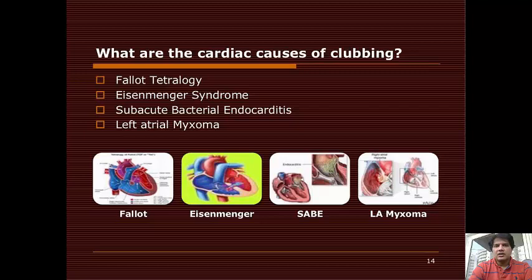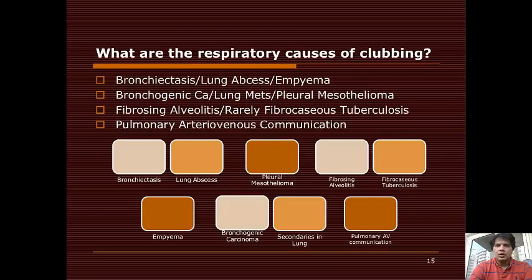Then bacterial endocarditis and atrial myxoma. Bacterial endocarditis, as I talked about, is a chronic suppuration that can lead to vasodilatation, and left atrial myxoma also. Pulmonary causes, as I told, lung cancer is a major cause. Then lung abscess, again a chronic suppurative cause. Bronchiectasis, similar etiology.